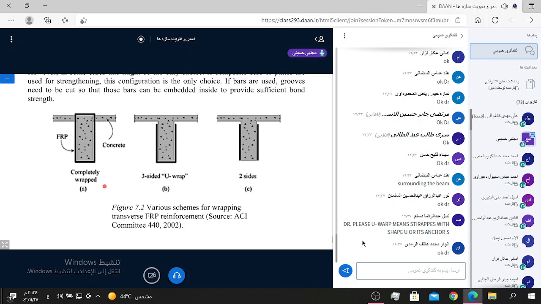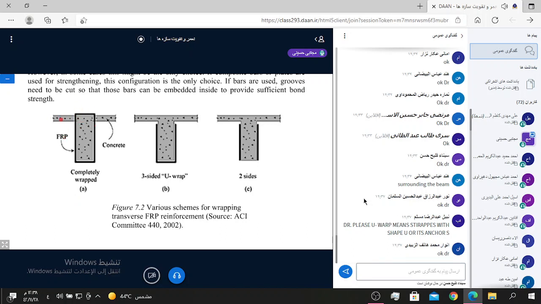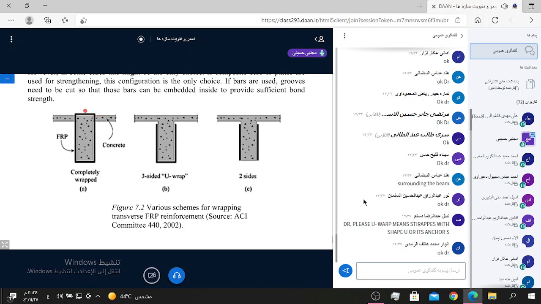Doctor, please, the wrap means the ends should be anchored. Yes, okay. Mr. Nabil, figure A is much better, but in here the slab and beam are separated.